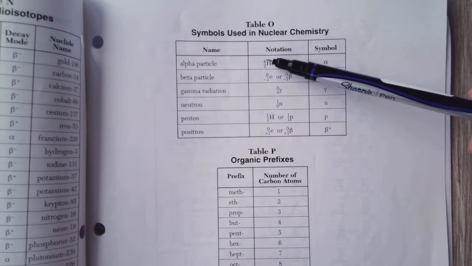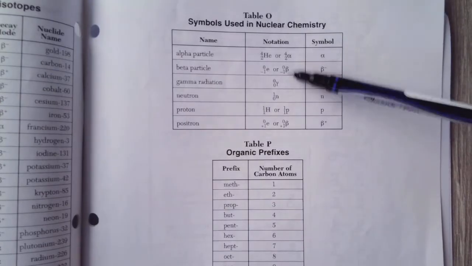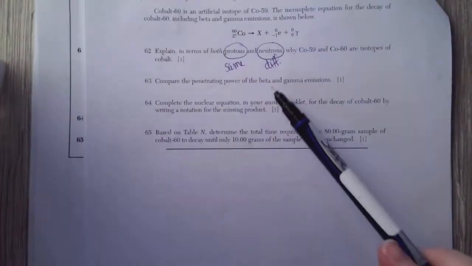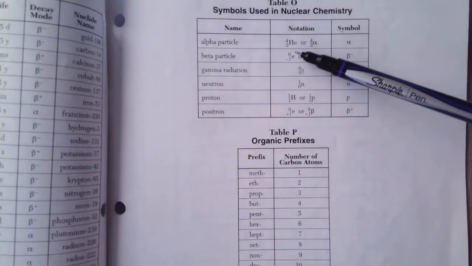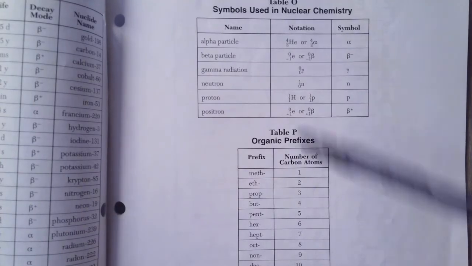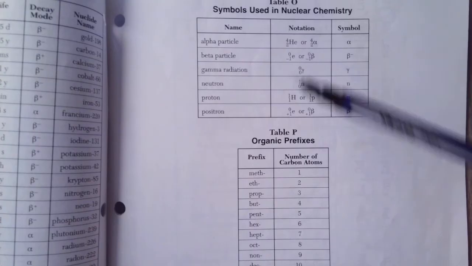Okay, so first we're going to look at mass, then we would look at charge. Okay, so if I was comparing these two, automatically I know the alpha would have less penetrating power because it has a bigger mass. All right, so I'm comparing beta and gamma. Well, they both have 0 on the top, so mass doesn't play a role. But then if we look at the bottom, gamma has 0 and beta has a -1.